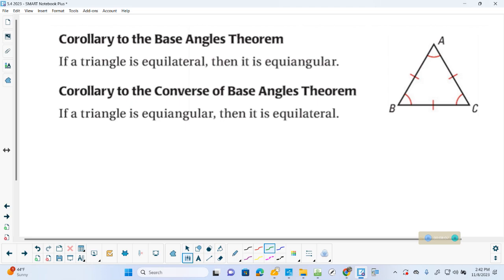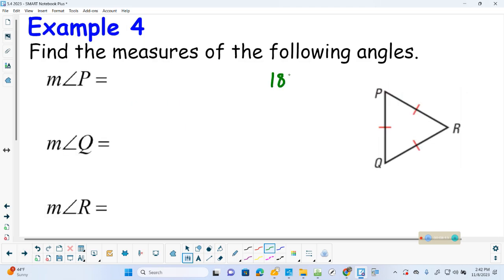So can you figure out what each congruent angle would be? What's 180 divided by 3? 60. So all 3 congruent sides, equilateral, equiangular. So they're all 60. So we're going to use that today. Any questions on that? Hey, some real numbers again.